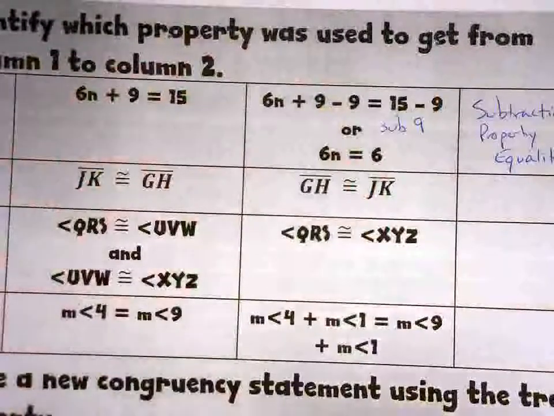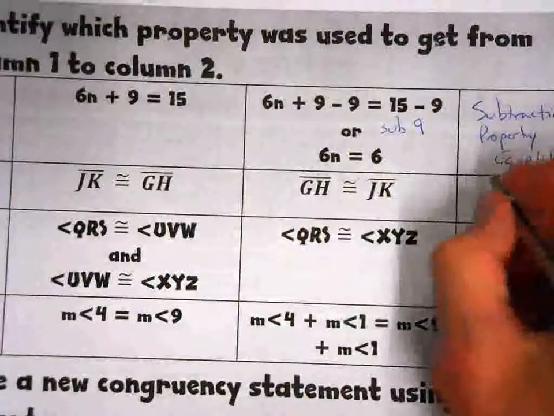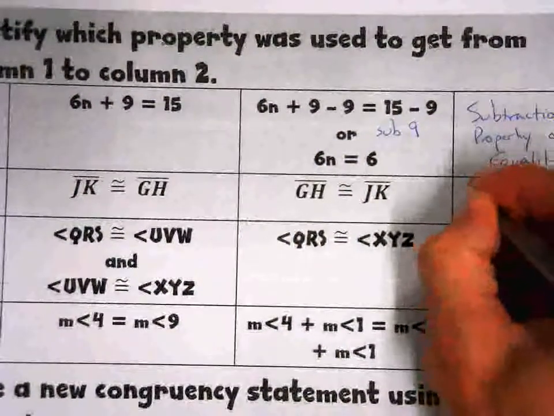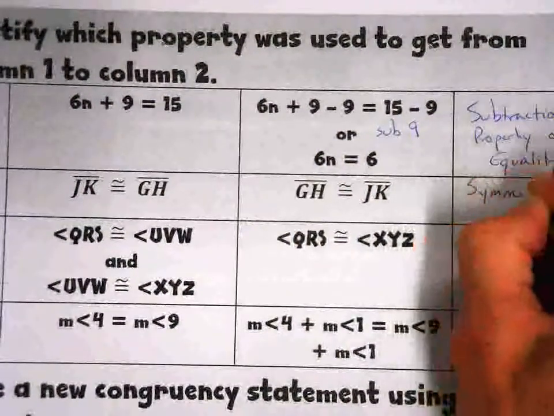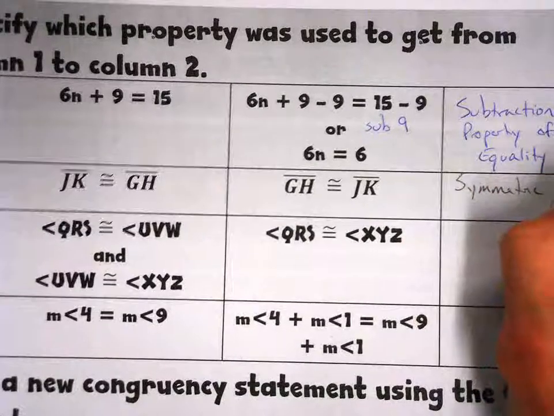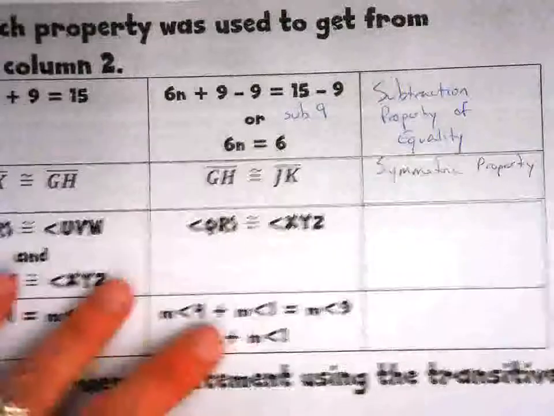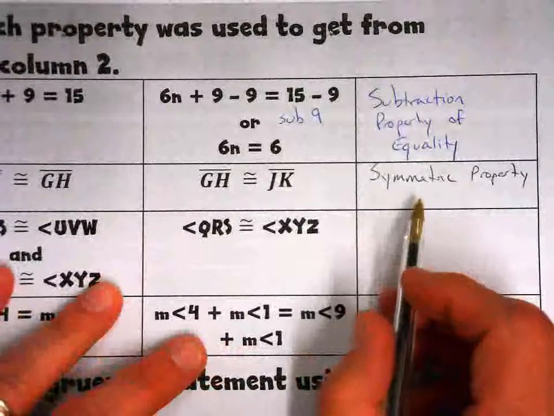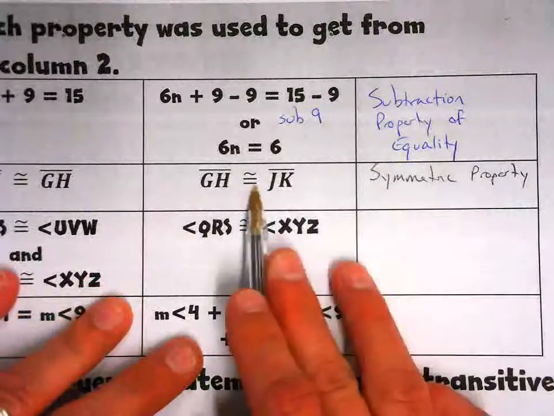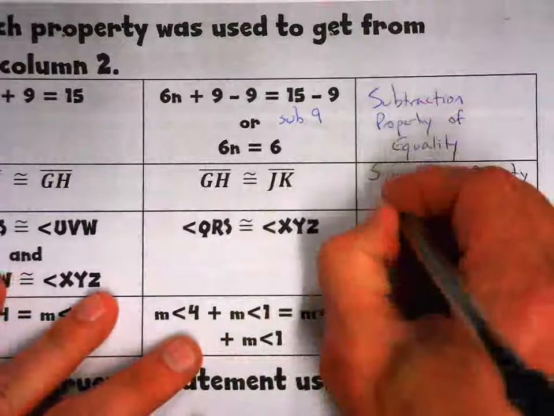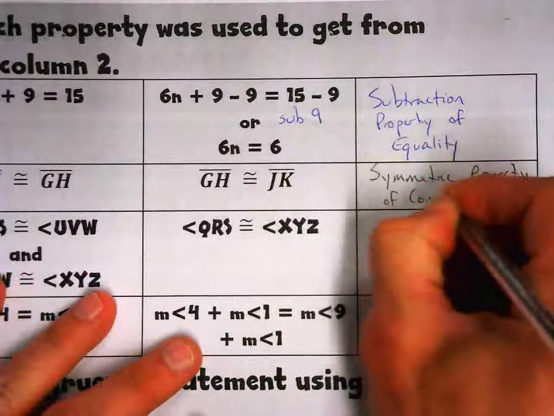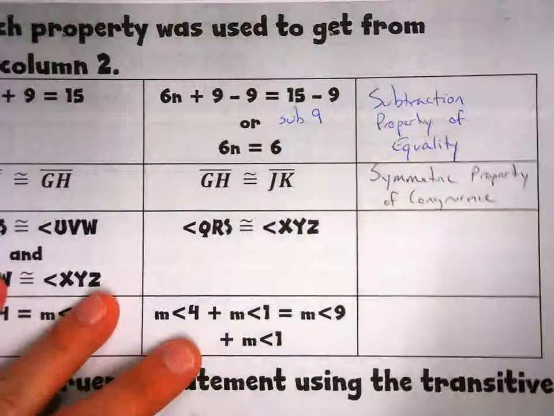Okay, so we call that the symmetric property. But we have to be specific now. Is it the symmetric property of equality? No. Is it the symmetric property of congruence? Okay, so we have to be particular in what we're calling it, because we have to be really careful and sharp with our words.